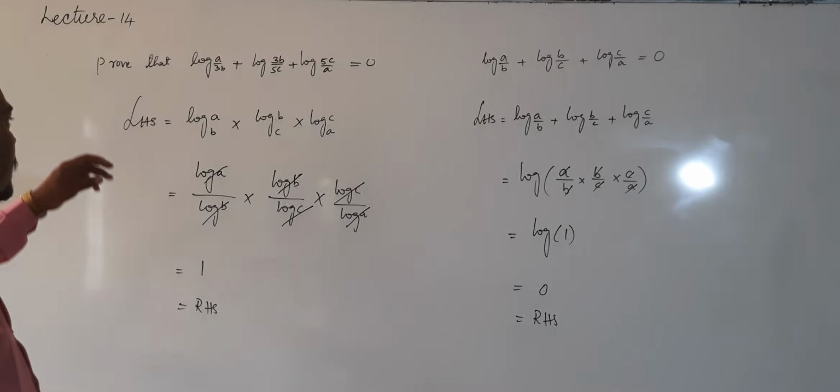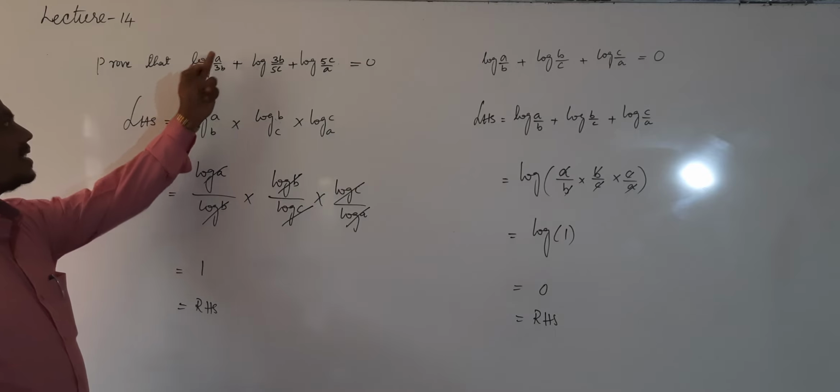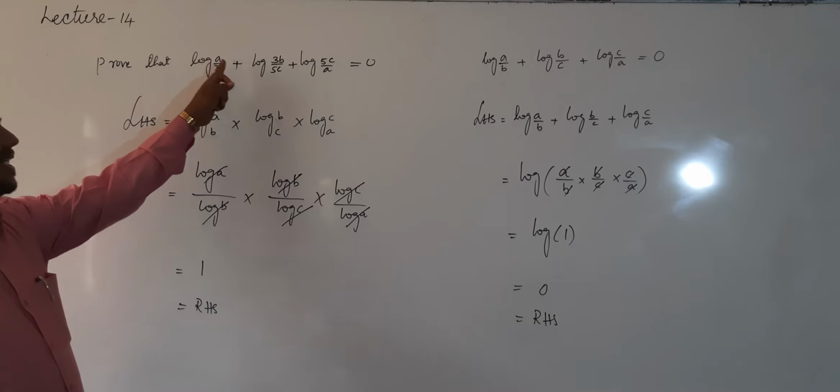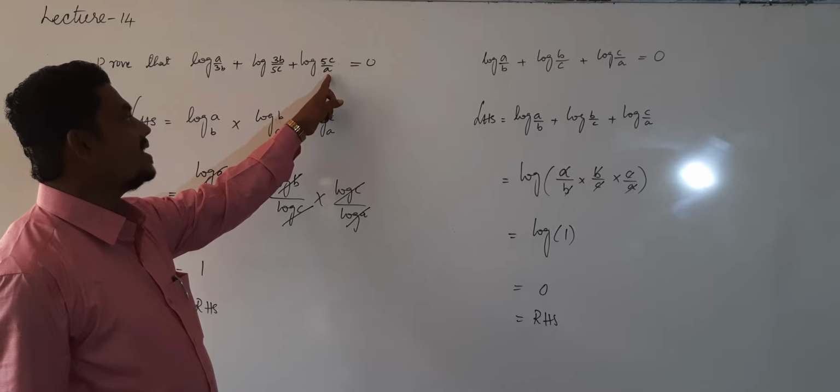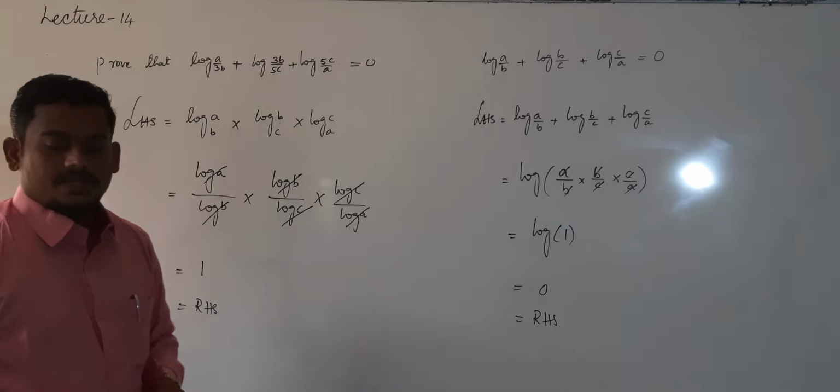Show that or prove that log a divided by 3b plus log 3b divided by 5c plus log 5c divided by a equal to 0.